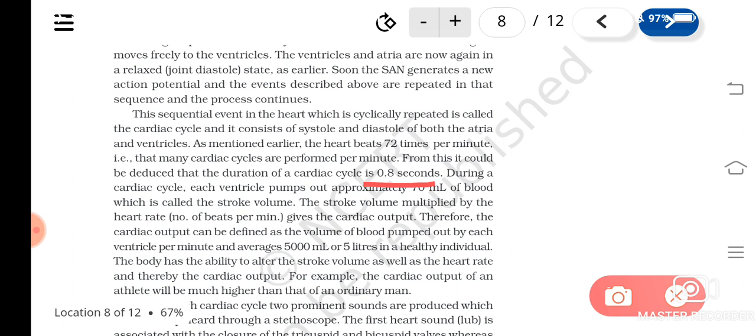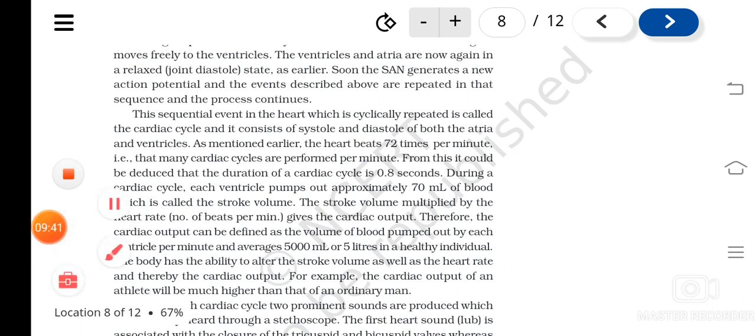And in each cardiac cycle the blood pumped by the heart is around 70 ml. This is known as the stroke volume. So what is stroke volume? The amount of blood pumped by the heart in a cardiac cycle. So around 70 ml of blood in 0.8 seconds, that is known as the stroke volume.